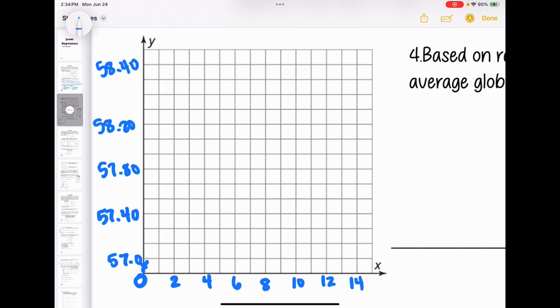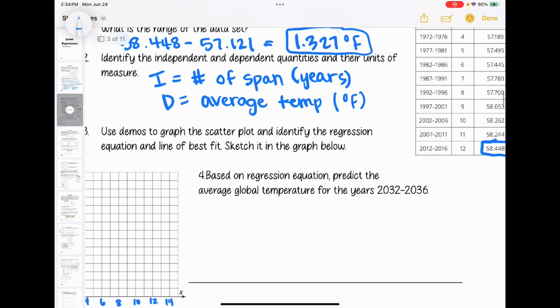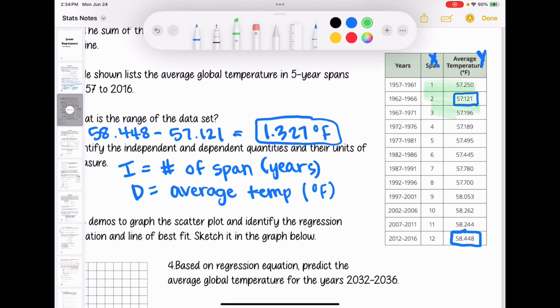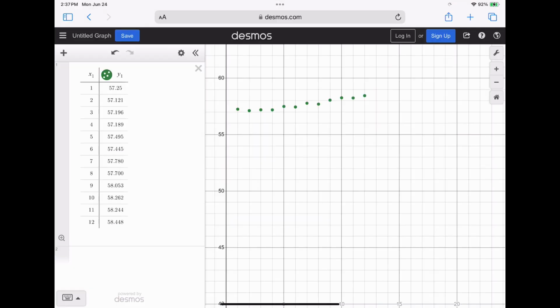All right, next we're going to go back over to Desmos, and we're going to put these two columns into Desmos. So let's go over to Desmos.